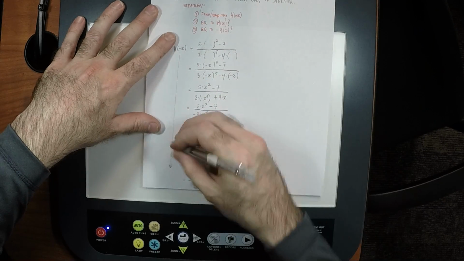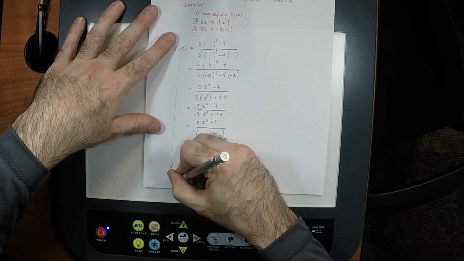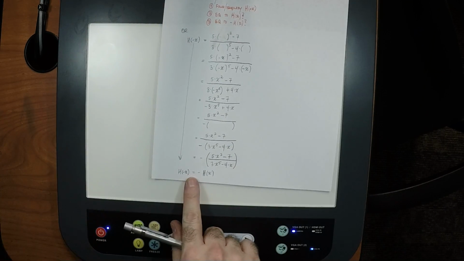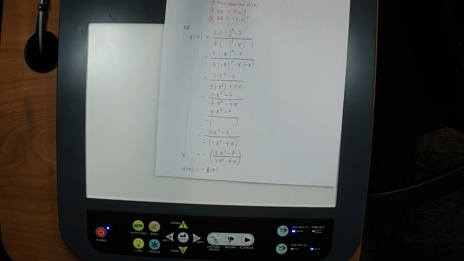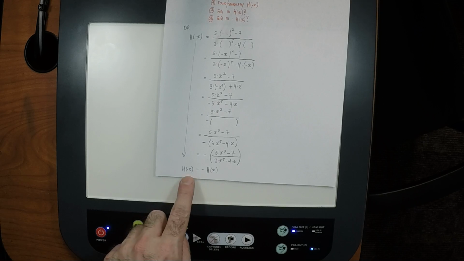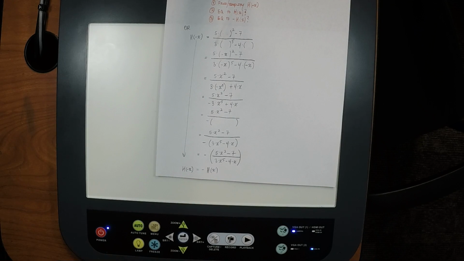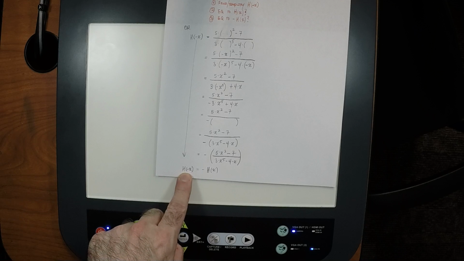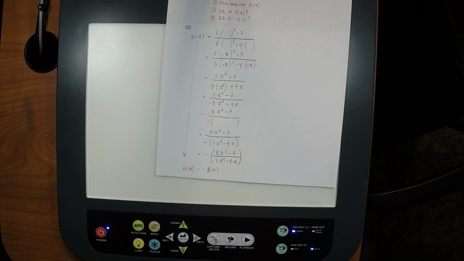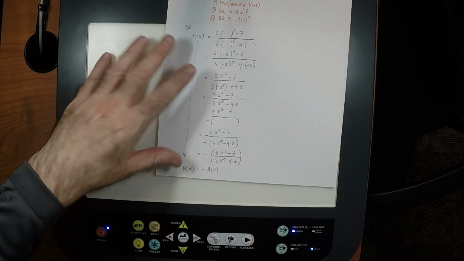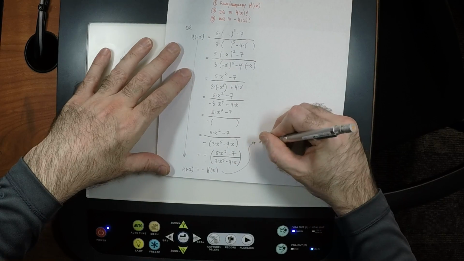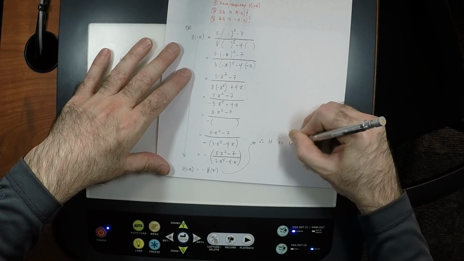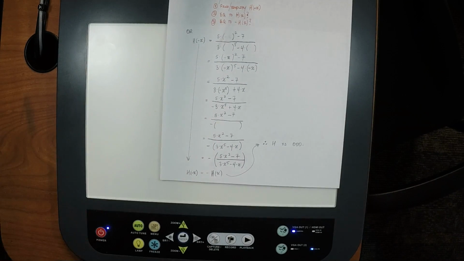As a result, we're saying that if you negate the inputs, that's the same as negating the outputs. Or, if you perform a horizontal reflection, that's the same as performing a vertical reflection. So what's the conclusion about h? It's odd. So h is odd.